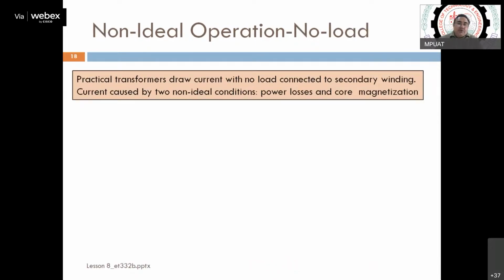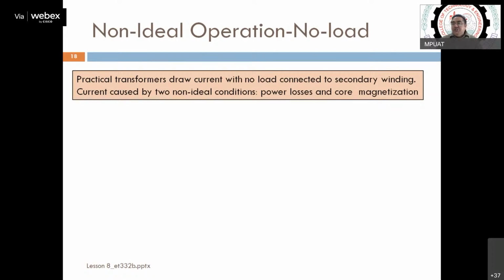Now the next topic, tomorrow's, will be the non-ideal operation on no load condition. So far we have talked about the ideal operation, that is, all losses are assumed to be zero, all leakage flux is assumed to be zero, permeability is assumed to be infinite, and the magnetizing current is zero.